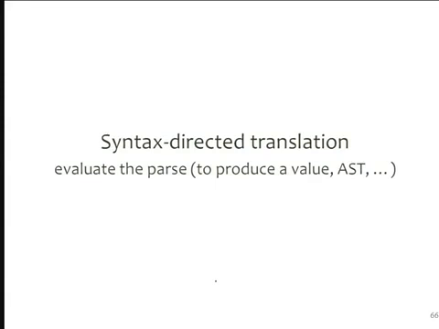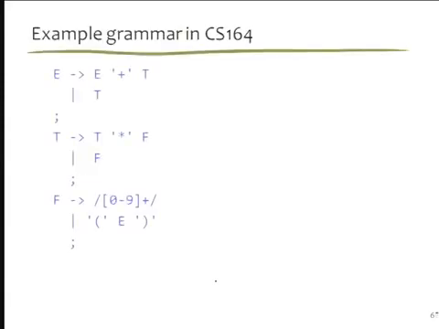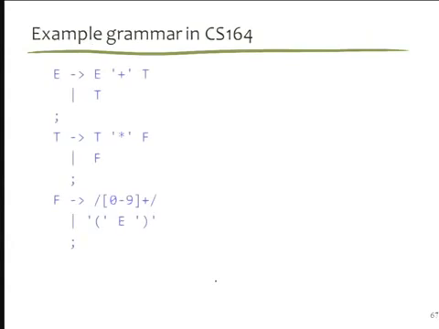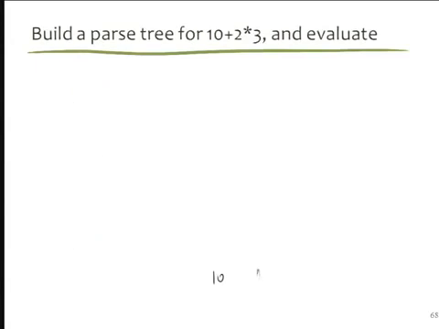But in the parser that you will build in PA4, you will read in a grammar in this syntax. Okay? And on an input like this, you will get a parse tree that looks how? We have E, T, F. We have the numbers here, 2 and 3.